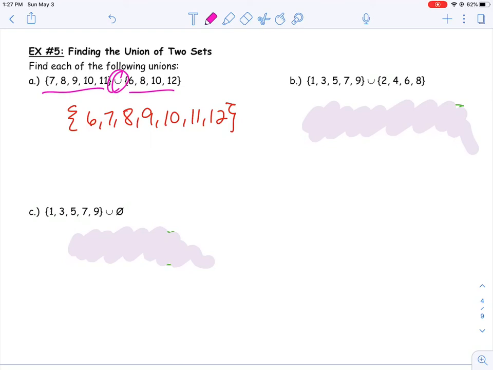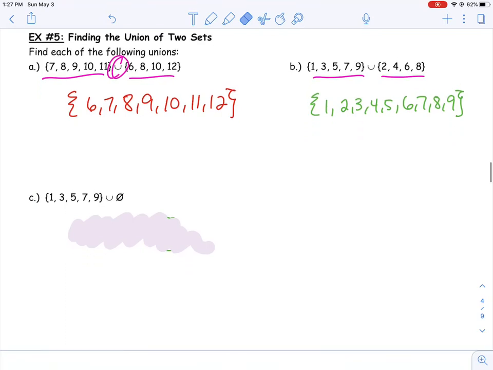Do part B. Part B has a set that's 1, 3, 5, 7, 9, and then another set 2, 4, 6, 8, and I want to find their union. Who's in A or in B? Remember, union means we're going to bring all their stuff together. So I would say 1, 2, 3, 4, 5, 6, 7, 8, 9 would be my answer.